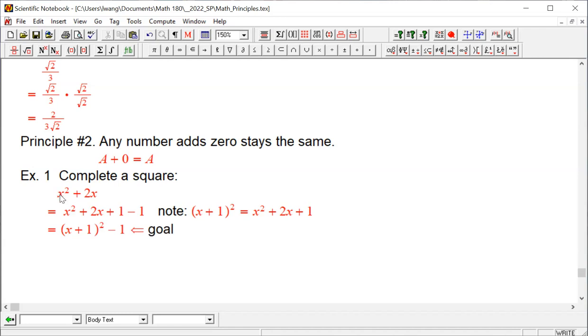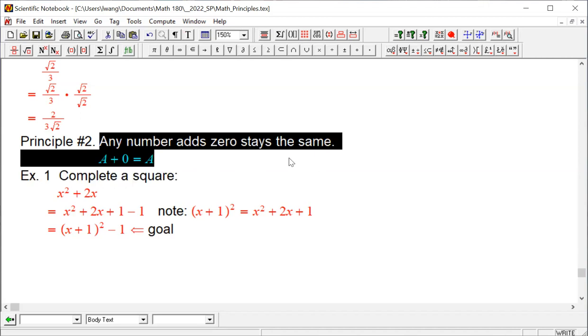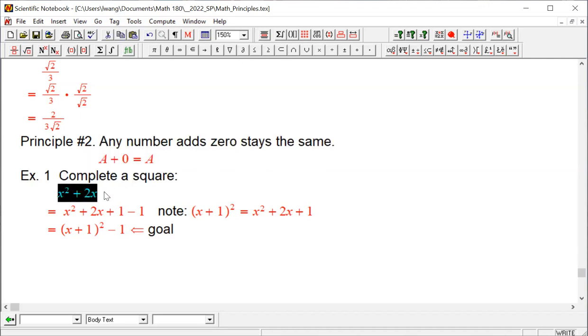So we transform using this principle: any number adds 0 stays the same. We transform an expression from one form to another. Okay, in the new expression, it gave us more insight.